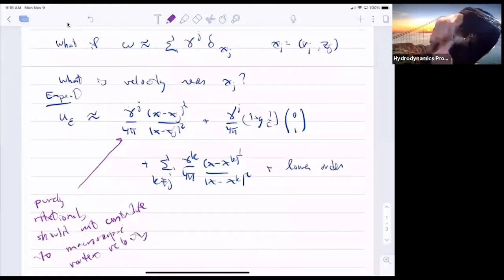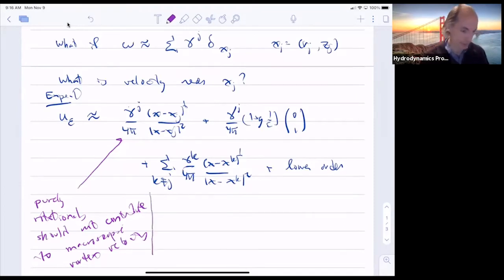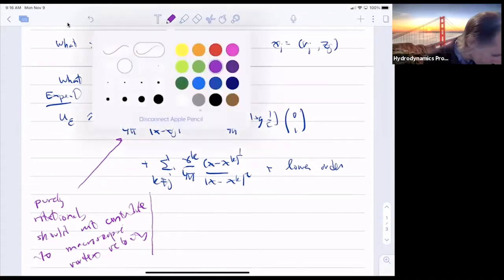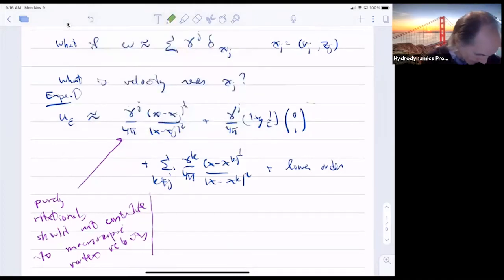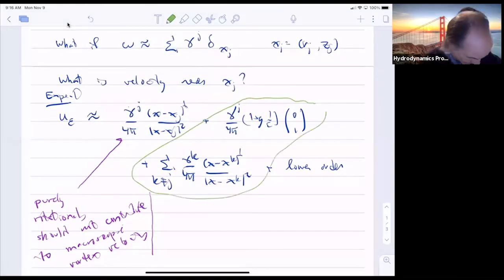In other words, it's moving stuff around inside the vortex, but if I'm looking at how the thing moves globally, that shouldn't contribute. Again, apologies, this is a purely hand wavy argument. And so we expected these should be the leading terms.